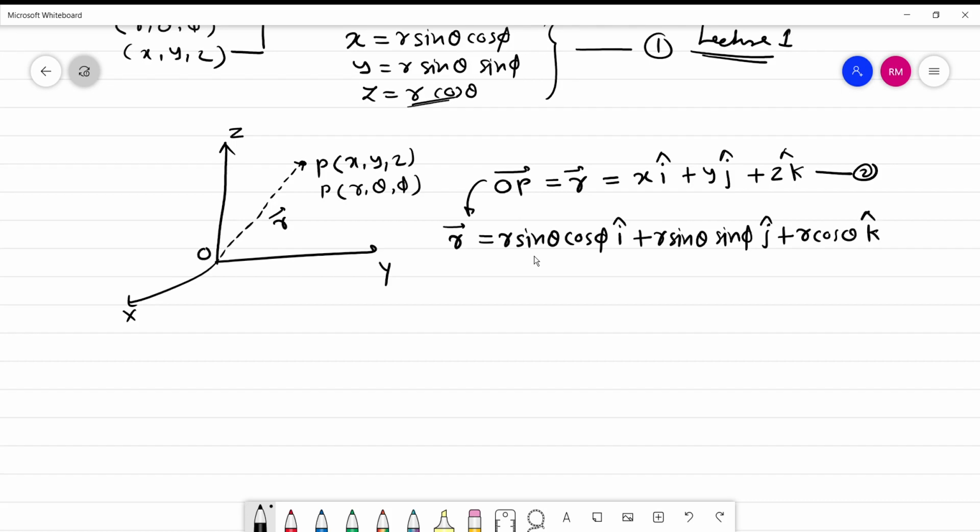Okay, so this is the equation. Let us say this is equation 3, right?